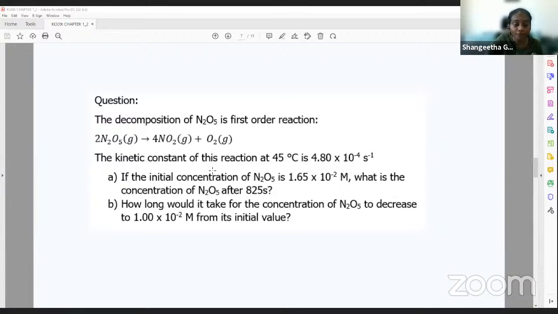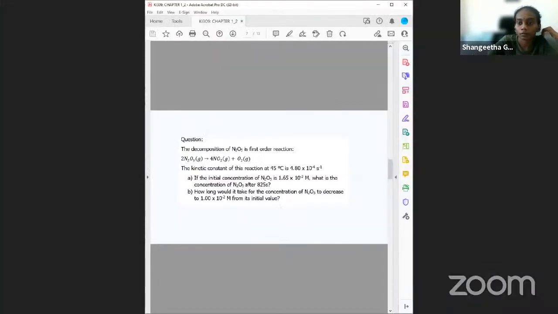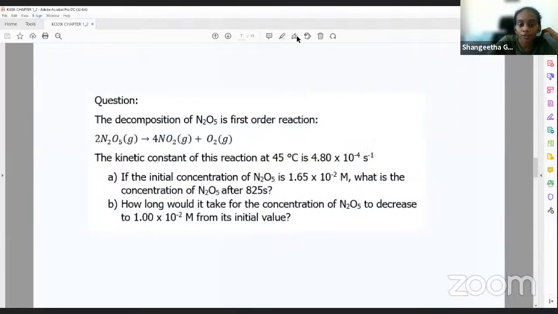They gave you that the rate constant of this reaction at 45 degrees is 4.80 times 10^-4 s^-1. So they already give you the value of your k constant, 4.8 times 10 to the power of negative 4.